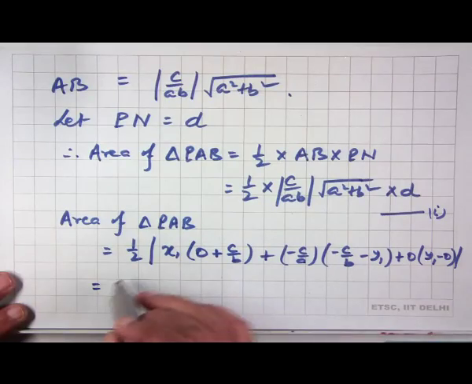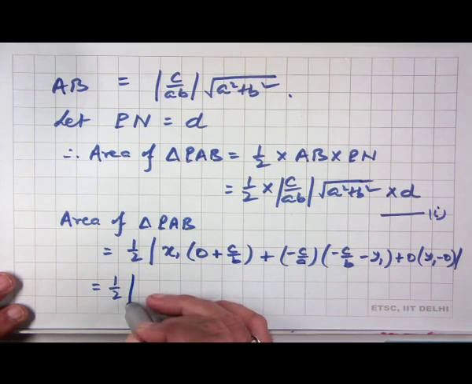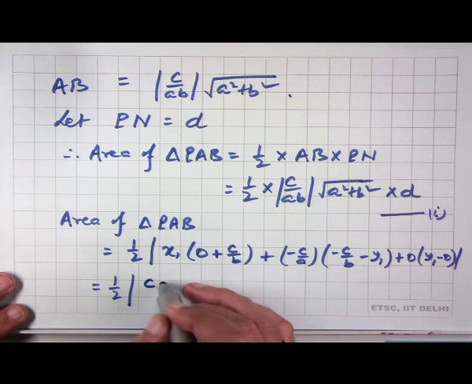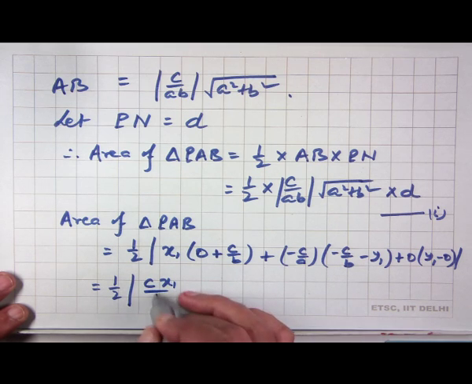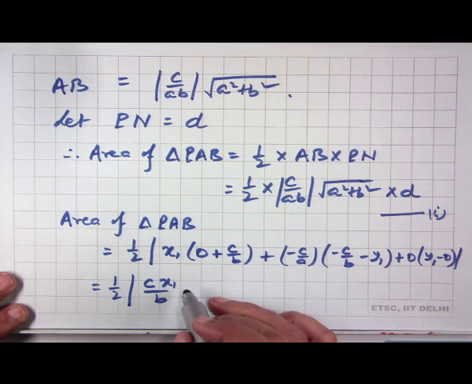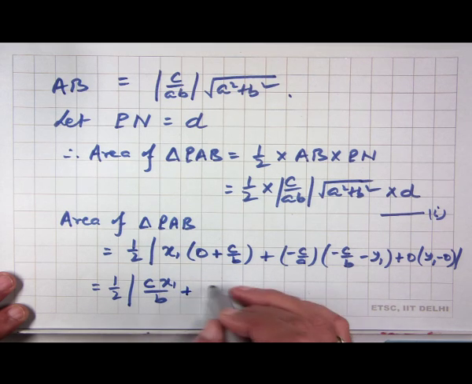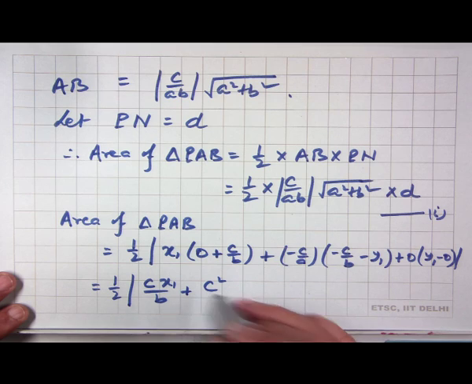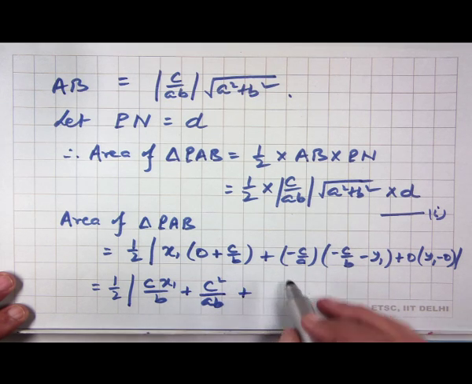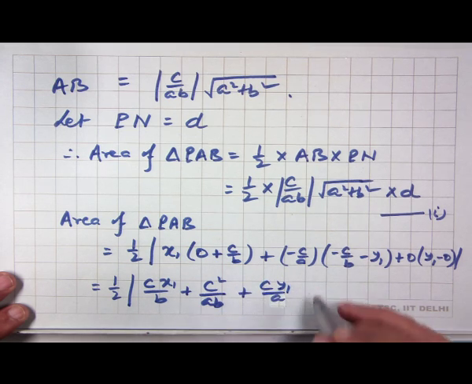This is equal to half mod of (c x1 by b plus c square by ab plus c y1 by a), and the last term is 0.